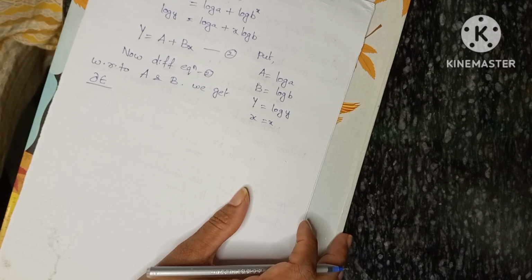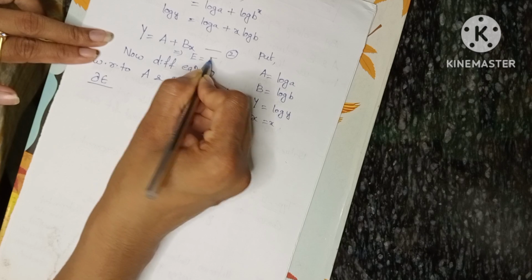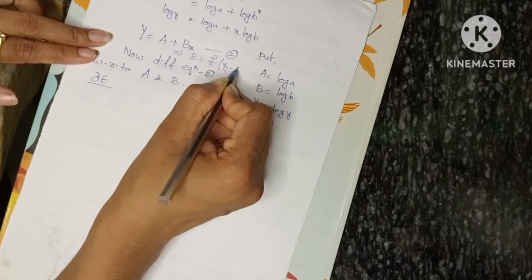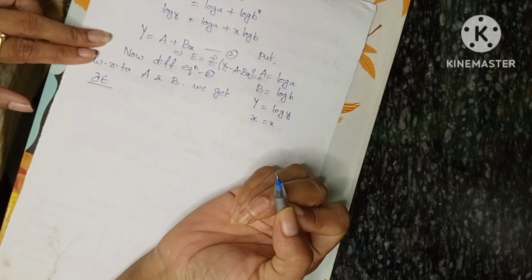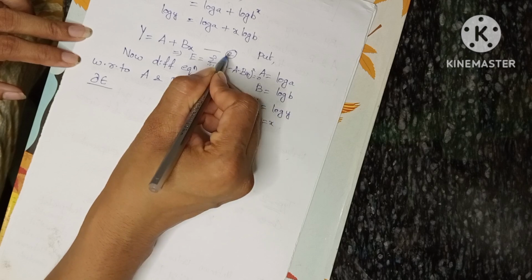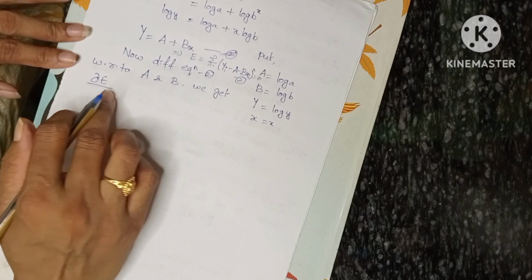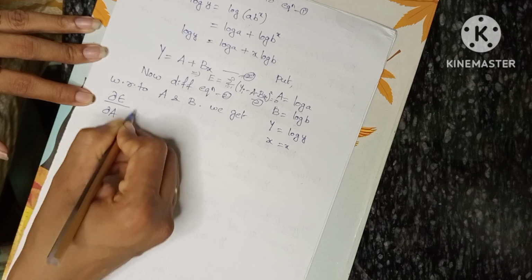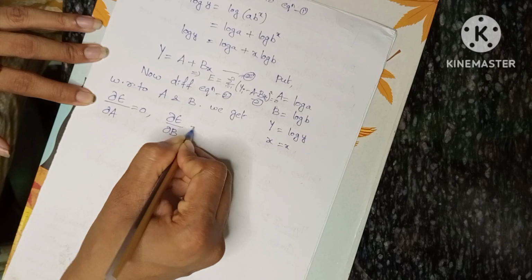Sorry, here what we have to do is E equals summation i equals 1 to n, yi minus a minus b xi whole square, equals 0 we have to take. So sorry, this term I forgot. So we consider this as equation 2. Now we have to differentiate this equation 2 with respect to A and B. So dou E by dou A equals 0, comma dou E by dou B equals 0.